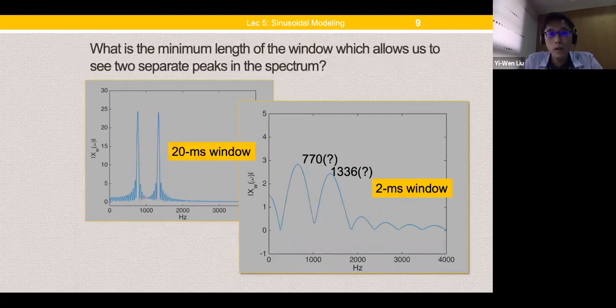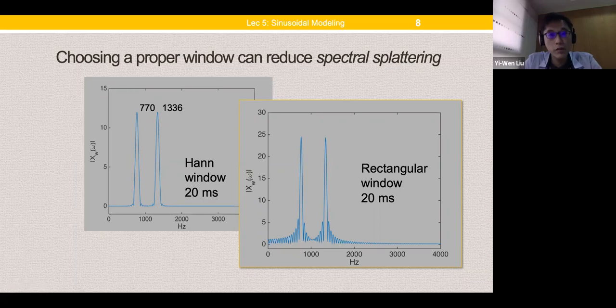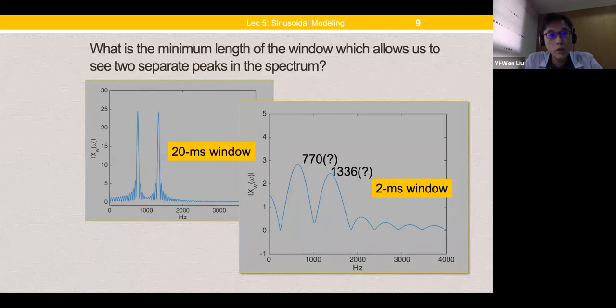Okay, so that's 20 milliseconds, but rectangular window, right? So also there is the issue of choosing the length of window. Okay, we know by now, I hope it becomes straightforward to you, that when we have a longer window, we have narrow peaks, shorter window, wider peaks in the spectrum.